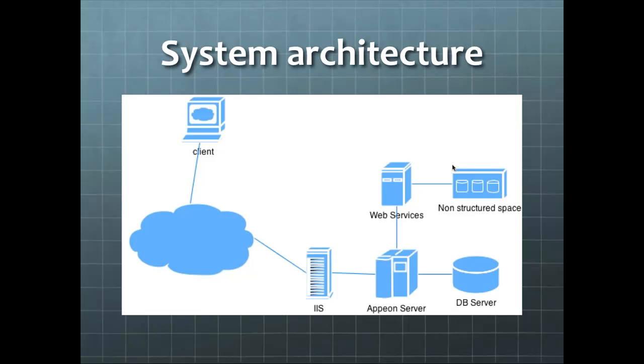Basically, in our application, we don't have just database data, we have also multilingual data, but we also have non-structured space, like attachments, images, etc. These are not stored in the database because of technical architecture, because of the size of these attachments. Basically, we have 20 terabyte space for this non-structured space, that we need to address in a smart, special way, and I will talk about this a bit later on.